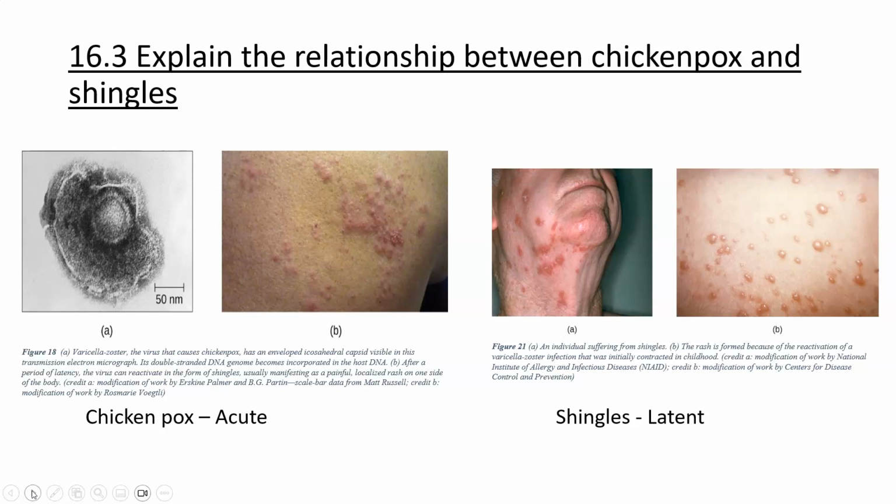I want you to understand the relationship between chickenpox and shingles. When somebody has chickenpox, it's caused by the varicella-zoster virus. You don't have to remember that, but that's what it's caused by. And the varicella-zoster virus is actually in the family of herpes viruses, just like oral and genital herpes. They're related. They're similar viruses. Most of us are familiar with the idea of getting chickenpox. You get infected with this virus, and it causes acute infection, like we showed on the previous picture.